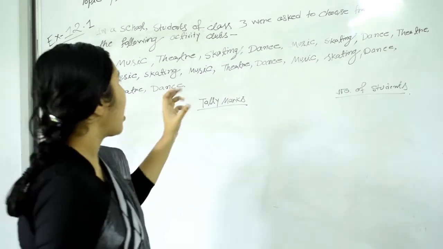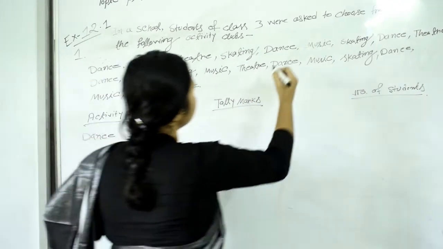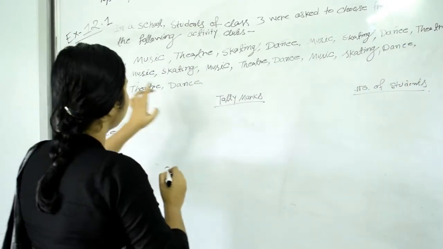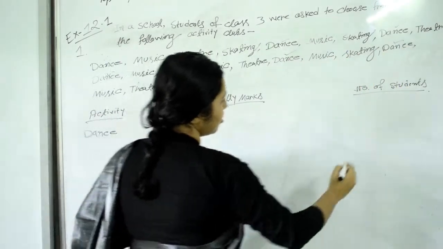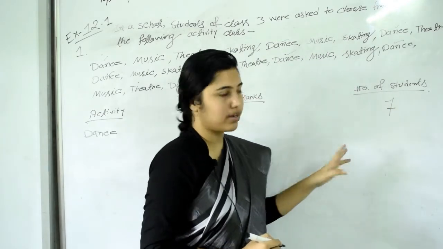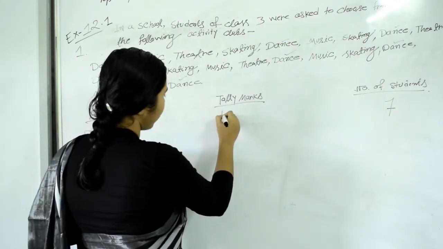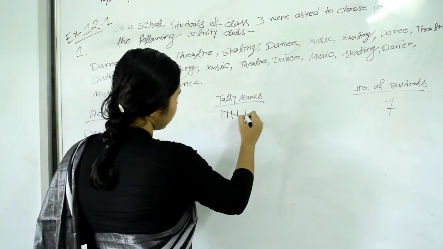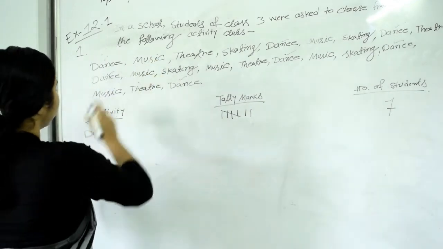Now count how many students choose dance. 1, 2, 3, 4, 5, 6, 7. So write here in the column of number of students 7. Now represent 7 as tally marks, 5 plus 2.